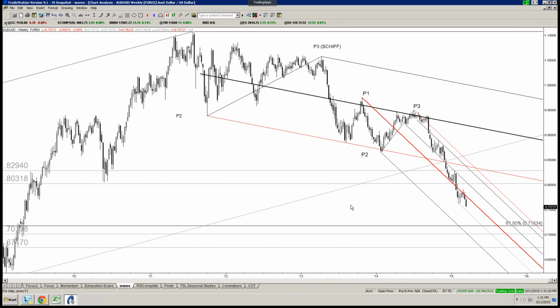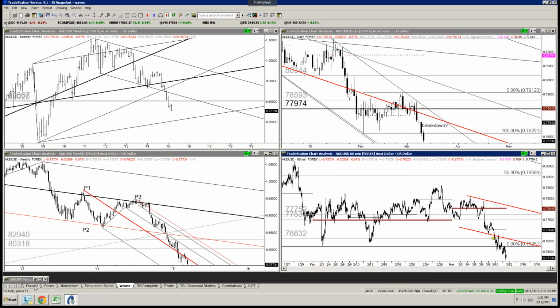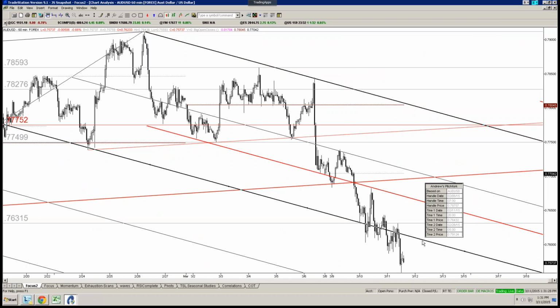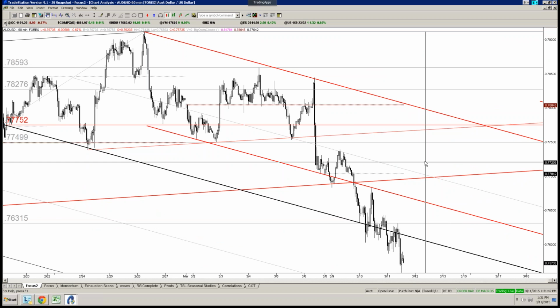So trade setup-wise, for the Aussie, on trading a breakdown, there's two options. One is sell into the median line, two is sell into the sliding parallel, okay, with stops above here, which would be above the week open, above 77.04.